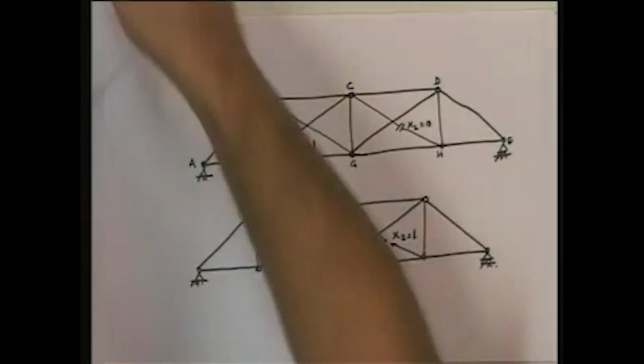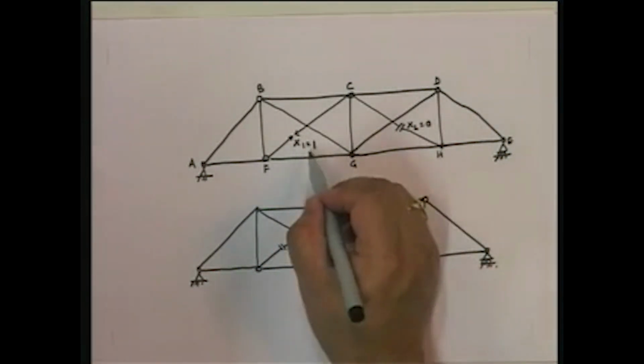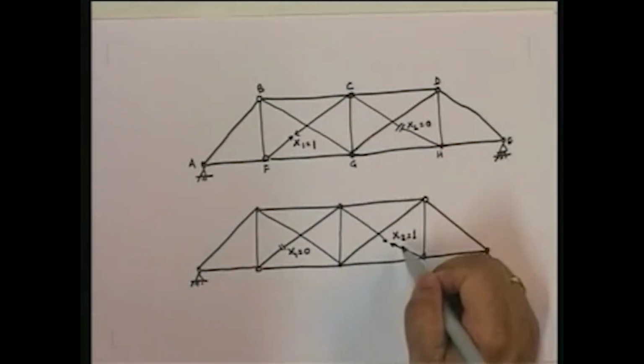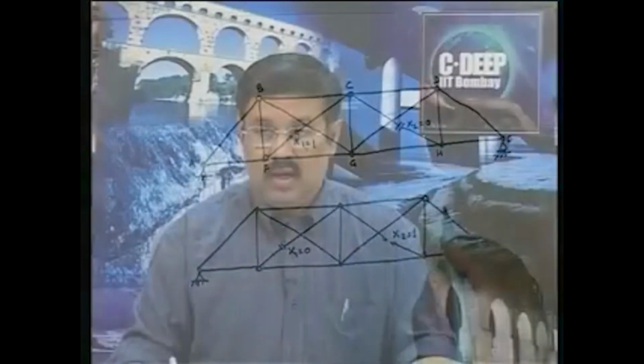If you add this and this and this, with this not 1 but x1 and x2, then you see that is the actual structure that you have. So what you are trying to do is again use superposition, find out the displacement at both the cuts due to all the loads, and then sum them all up, and that will give you the actual displacement. Okay.